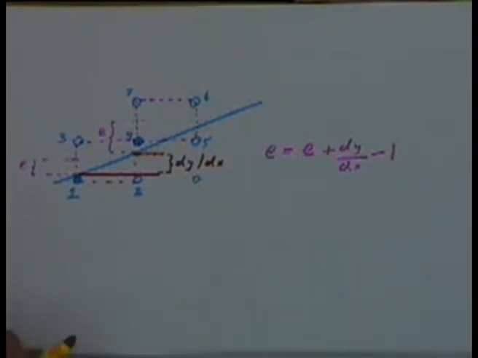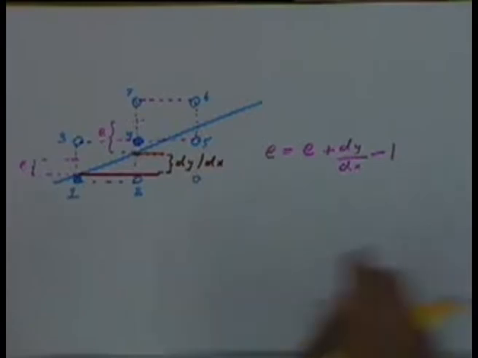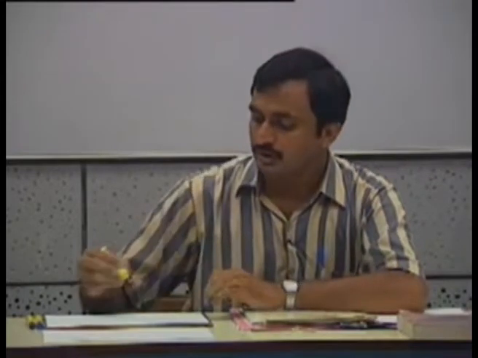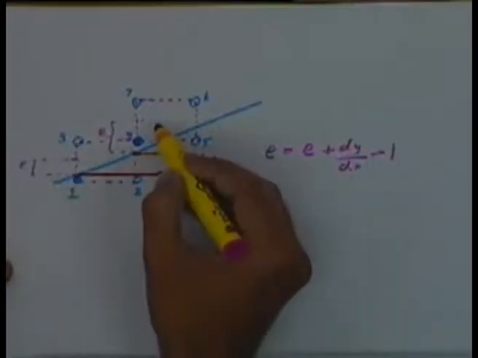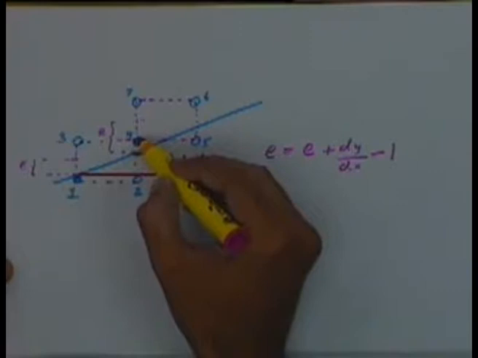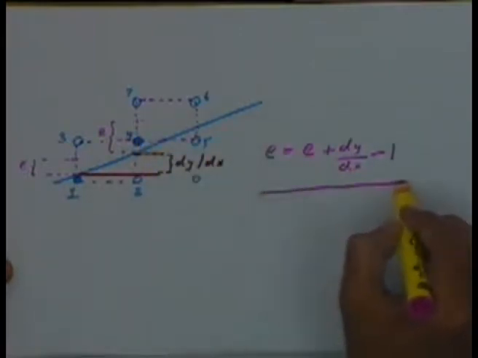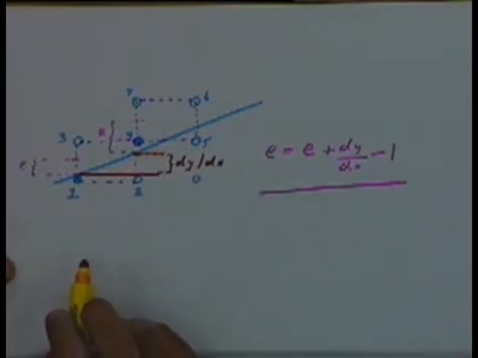Is that okay? So if the next pixel to be displayed is a diagonal pixel like this, then the error term would change in this manner. Is that alright?